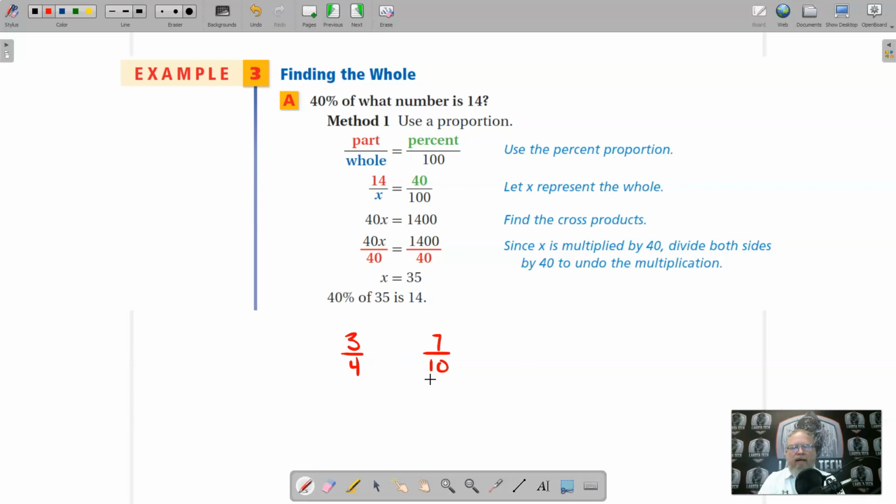Well, if you keep your extremes on the left, 3 times 10 is 30, and 4 times 7 is 28. We see that 30 is greater than 28, so 3/4 is greater than 7/10. The sign doesn't change. That's why I like to keep my extremes on the left and my means on the right. And now you're like, what are extremes?